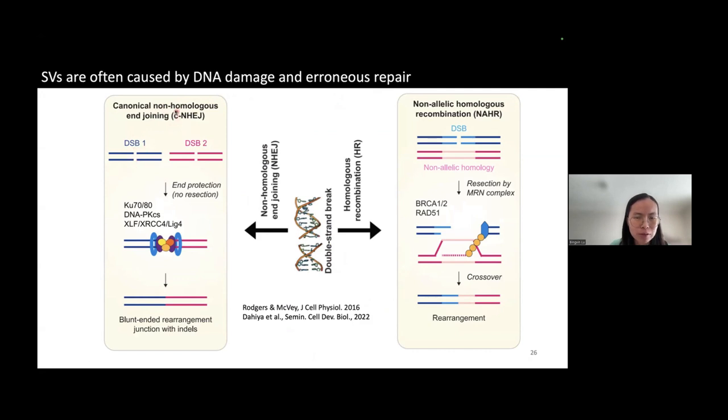This requires no sequence homology, as the name suggests, but it's also easy to have errors during the repair, and these errors will cause structural variants. In another mechanism called homologous recombination, it requires sequence homology during the DNA repair. It is more accurate, but sometimes it can also cause rearrangement or structural variants.